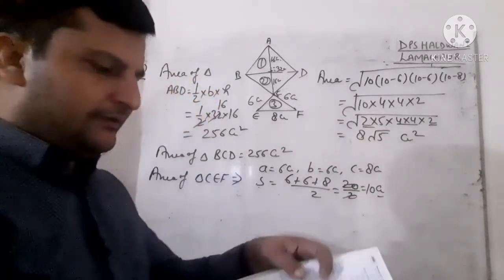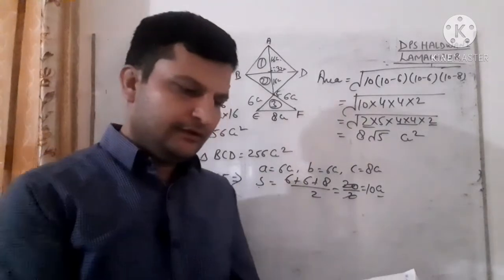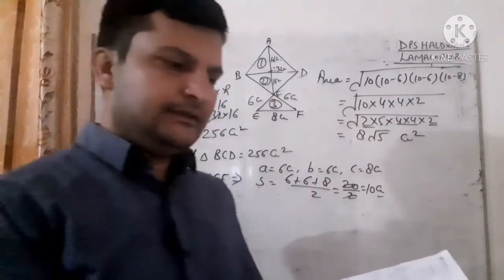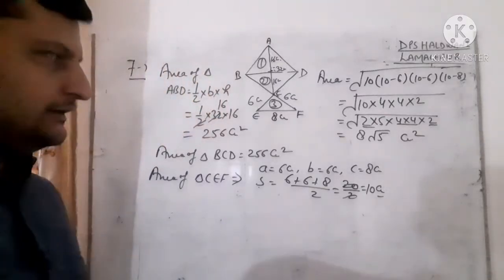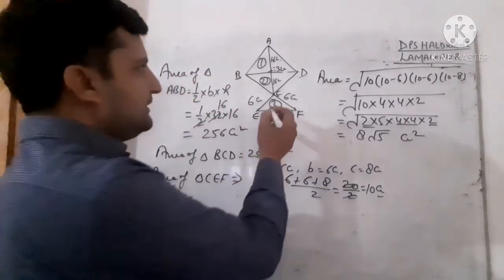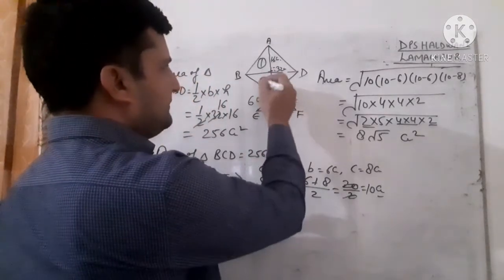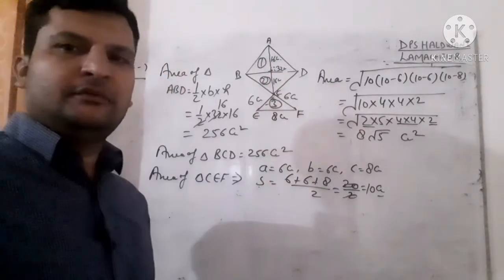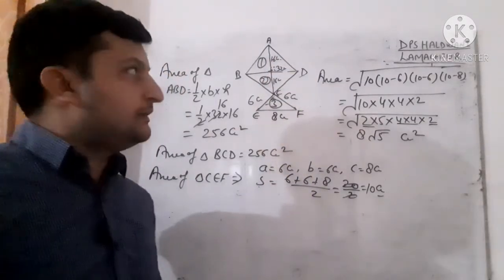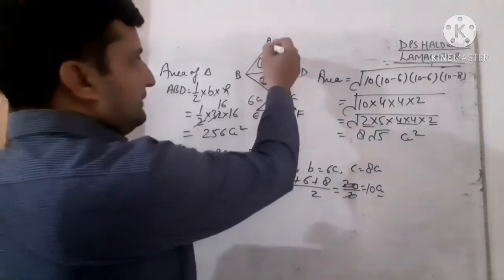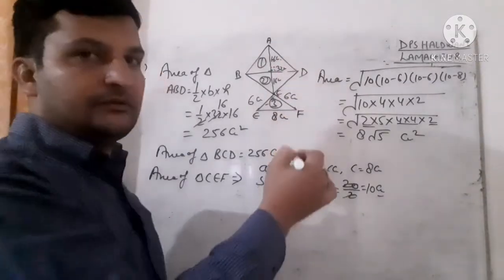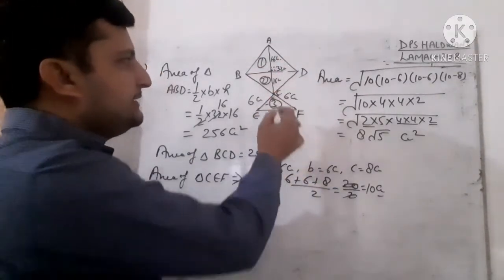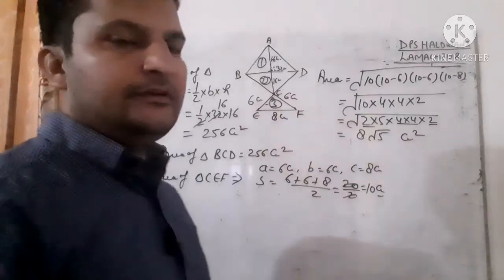So students, what we have to find in this region is how much paper of each shade has been used in it. All the shades are given, students. This is of a different shade, this is of a different shade, this is of a different shade. So in this question we have found that this one is of a different shade, BCD is of a different shade and CEF is of a different shade.